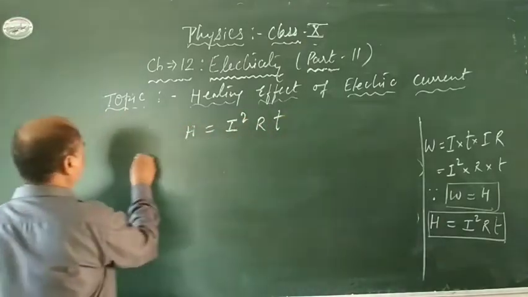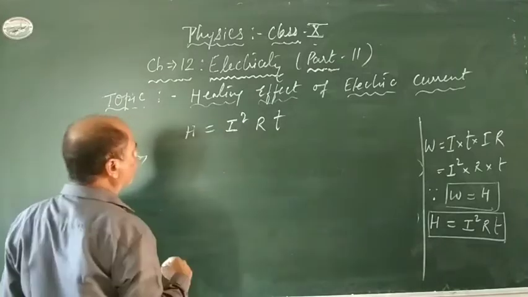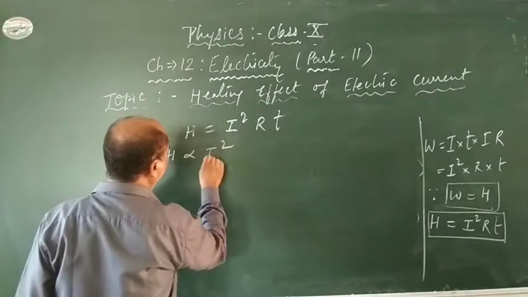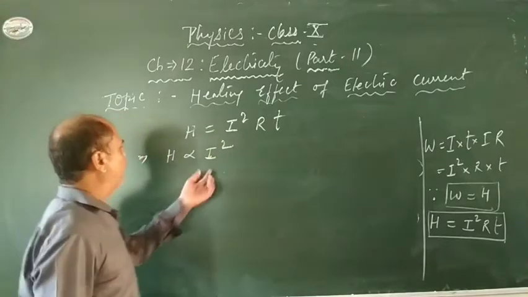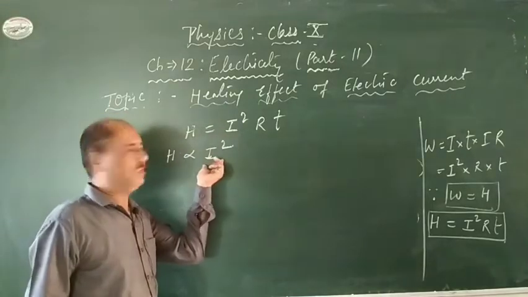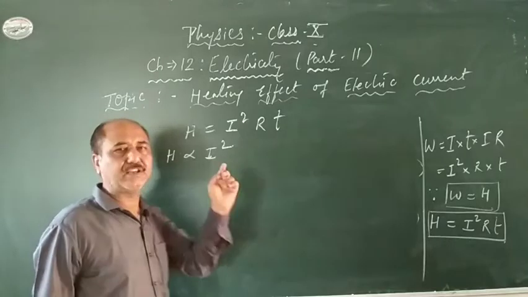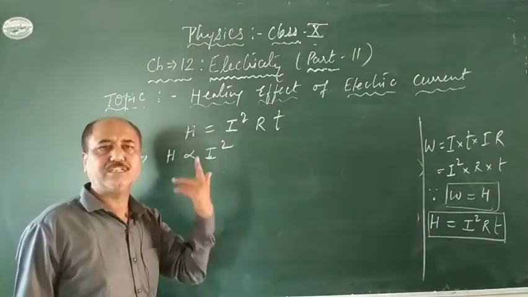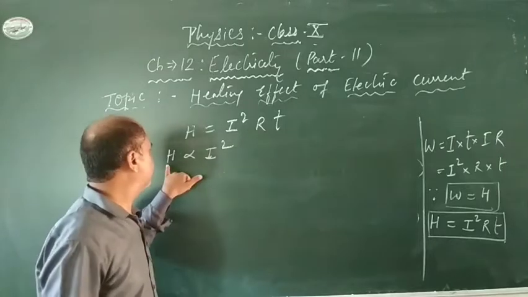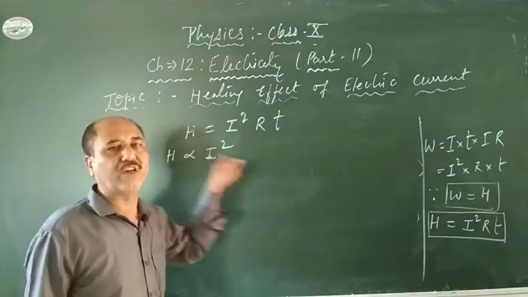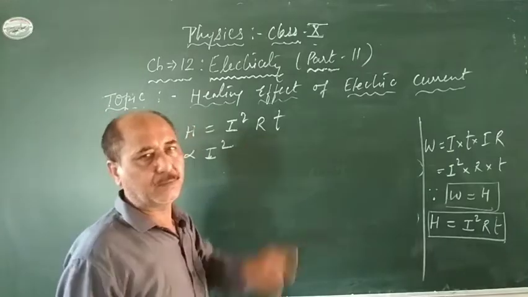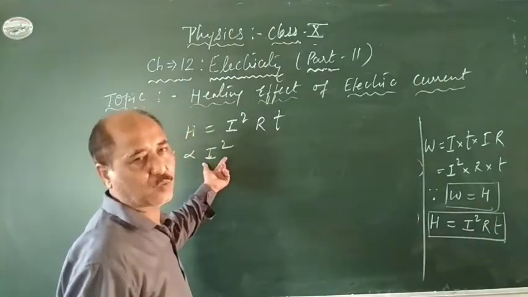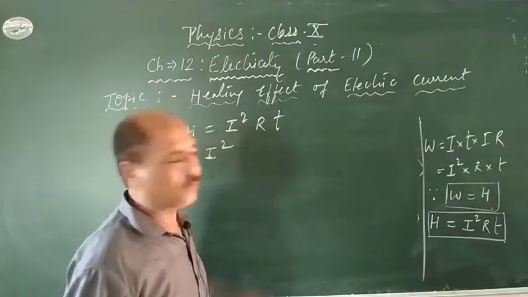It means, as the first condition, H is directly proportional to the square of the current. That means if we double the current, instead of I, if I take 2I, then the square of 2I is 4I square. It means the heat produced will be 4 times.